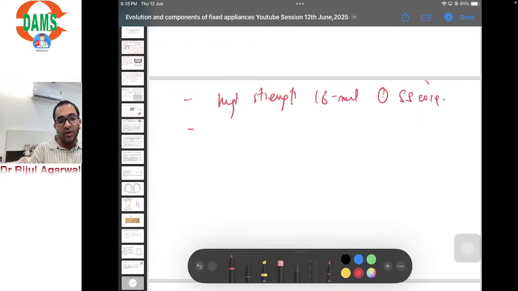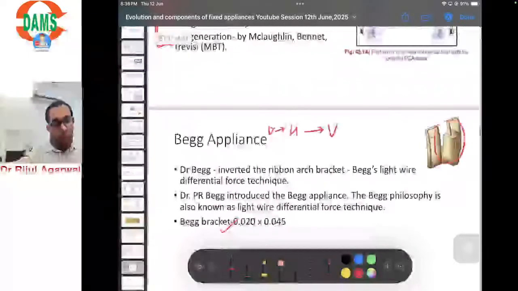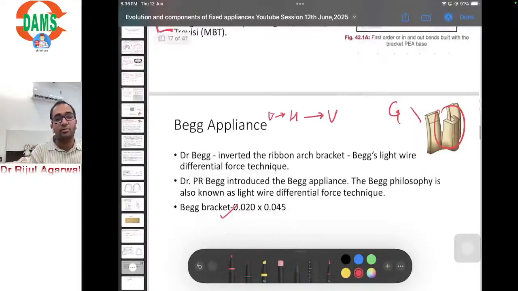In the previous pin and tube and ribbon arch appliance, as I told you, the slots were vertically directed. Here in Begg's appliance, it was also vertically directed, but earlier it was pointing occlusally, and in the Begg appliance it was pointing gingivally. This vertical opening was gingival.